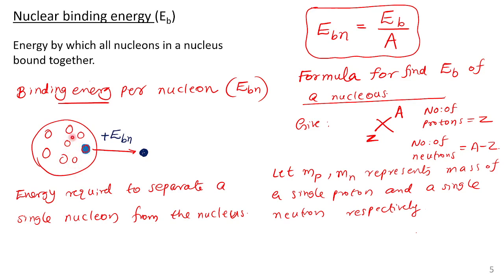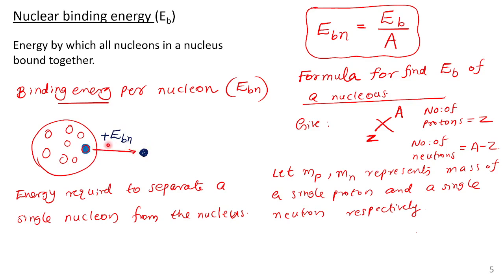Or in simple language, binding energy per nucleon is the energy required to separate a single nucleon. I think the second definition is much easier to understand. Binding energy per nucleon is the energy required to separate a single nucleon.